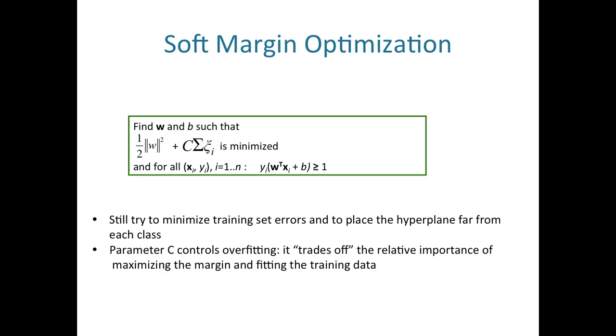Okay, so we try to add yet another control element there that will allow us to basically control for overfitting. So it's important that we fit all the points, but maybe some features are not as important as others. So that was what regularization was doing. Here is something similar. Maybe it's important that we maximize the margin and that we fit the data, but maybe not all the data needs to be fitted, and that's what the slack parameter says, and C controls for that.